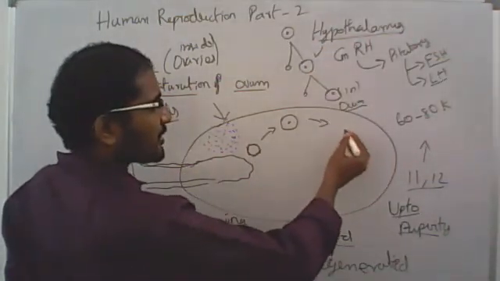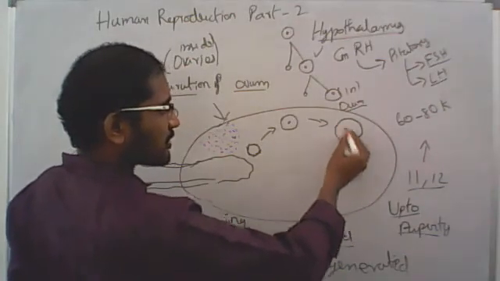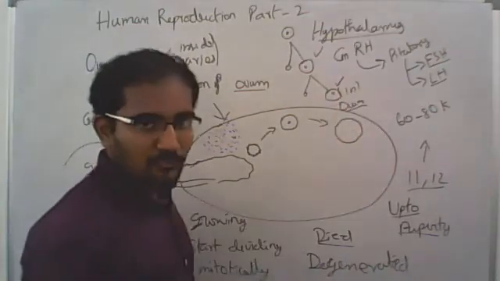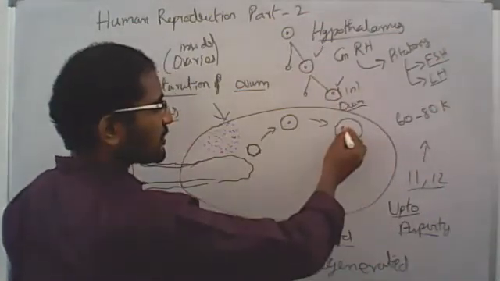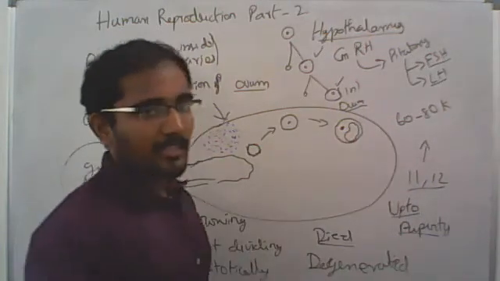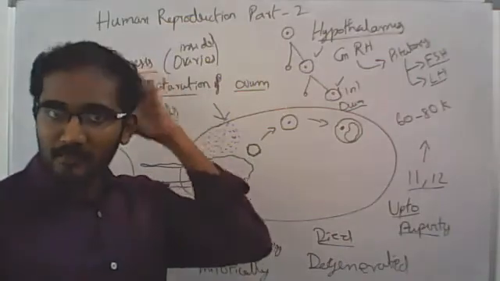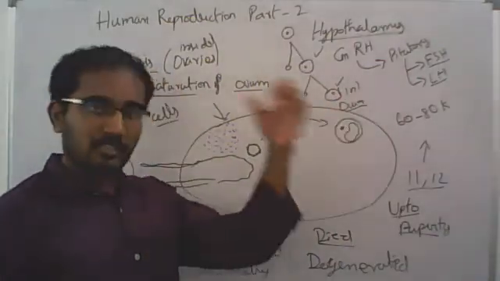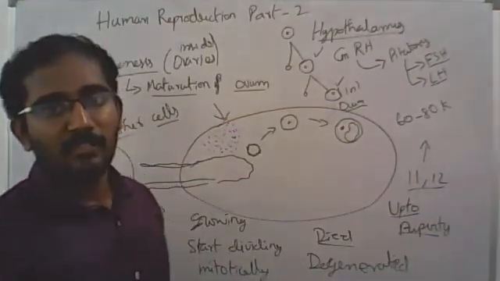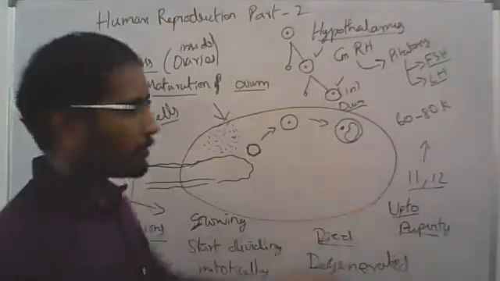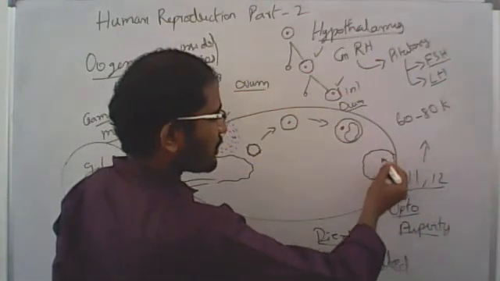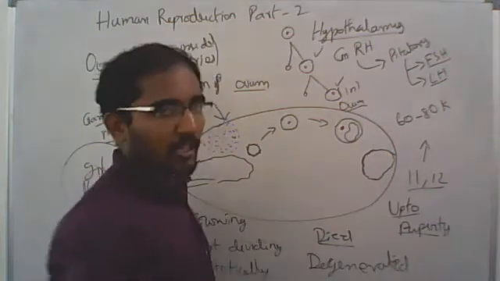Immediately it transfers to the tertiary follicle stage. The tertiary stage has a unique nature: a fluid-filled space, highly filled with water-like substances. Then it finally gets matured. When it is matured, it is surrounded by a graafian follicle.